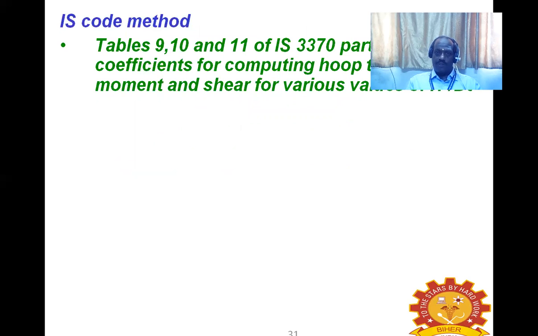Generally, we will be following the IS code method, wherein for water tank designs or any liquid storage tanks, we will be using IS 3370 from part 1 to part 6.